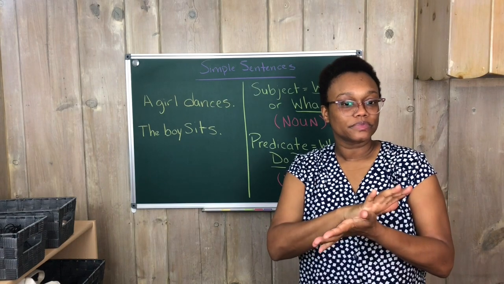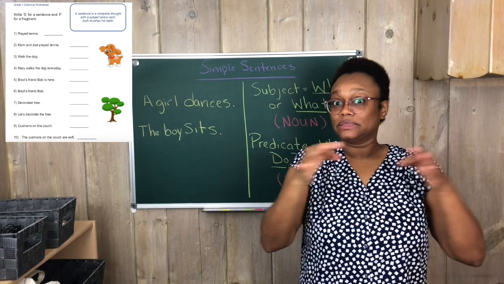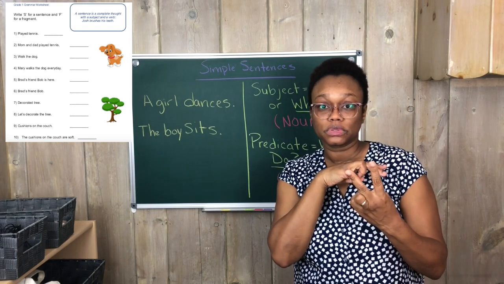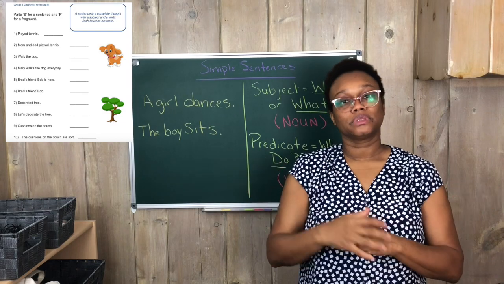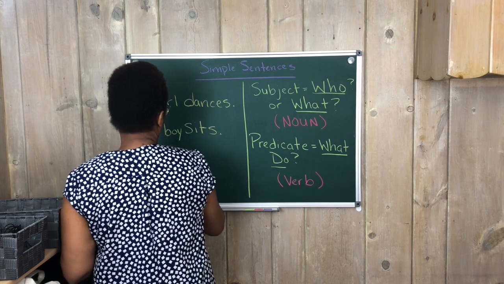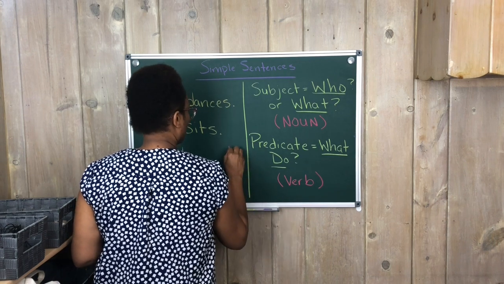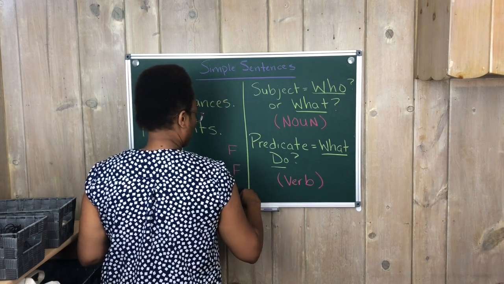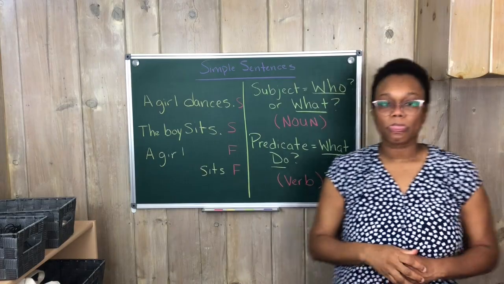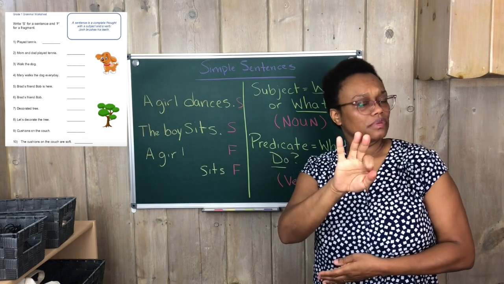So now I want you to try. I'm going to show you a paper. And I want you to think about, is each phrase a sentence or not a sentence? If it doesn't have both a subject and a predicate, then it is not a sentence. For example, so if I go back to a girl, that's not a sentence.